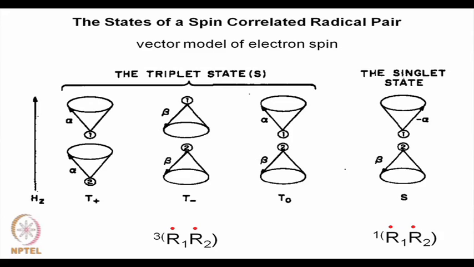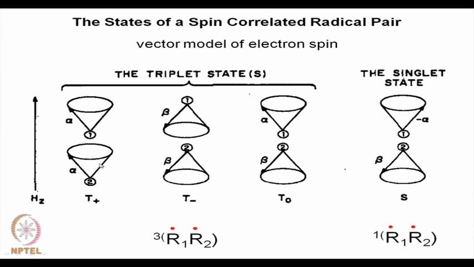Now, the triplet state has three options. Here one is spin 1, this is spin 2, and it is shown that the tip of the vector is making a cone. It is just like a funnel.